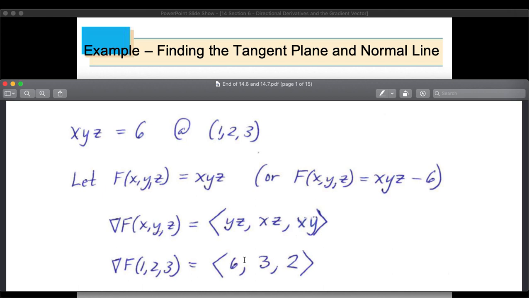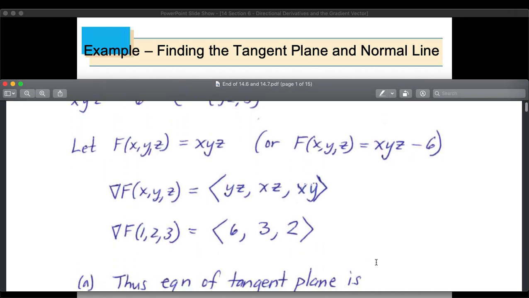Basically, all we need to do now is provide ourselves the derivative with respect to x, derivative with respect to y, derivative with respect to z, and evaluate at this point (1, 2, 3). Well, that's exactly what this is here. 6 represents the derivative with respect to x, 3 represents the derivative with respect to y, and 2 represents the derivative with respect to z at the point (1, 2, 3).